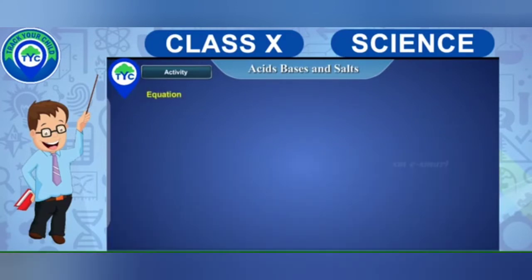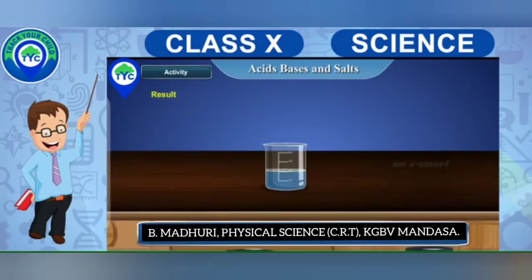Equation: metal oxide plus acid gives salt plus water. Result: this reaction is the same as the reaction of a base with an acid, so that is a neutralization reaction.